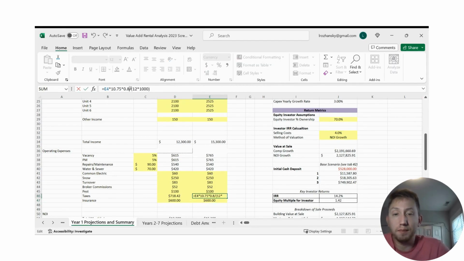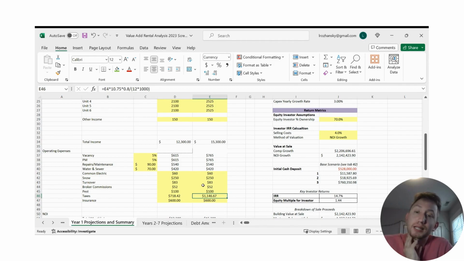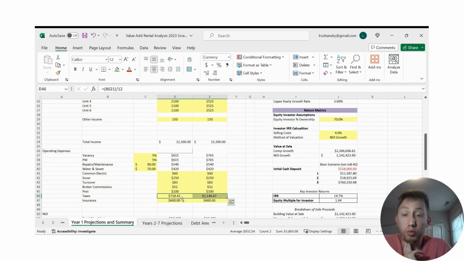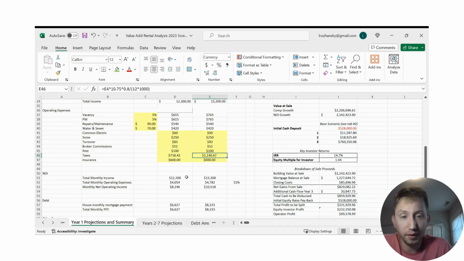In Boston, I've seen anywhere from 80 to 85% of a reassessed value. Because basically this is based on today's assessed value. But when a property trades, there's typically a reassessment, and usually your tax bill will increase. So you don't want to map the same exact real estate tax bill onto your stabilized pro forma, because more than likely that number is going to change for you. So that's actually a very key tip.